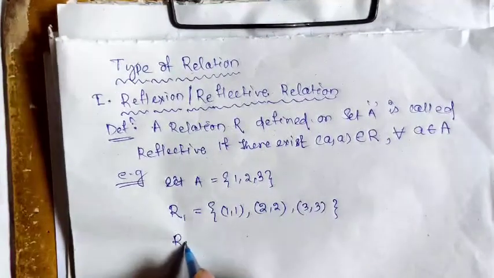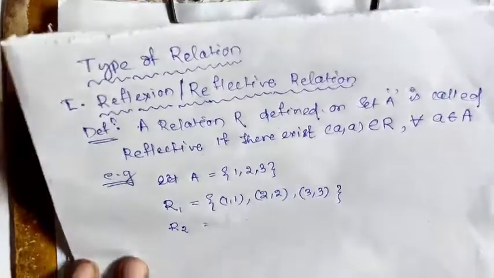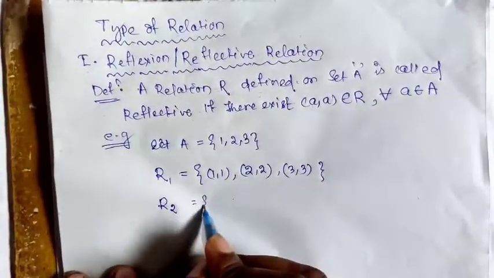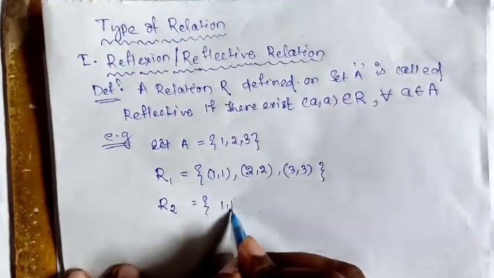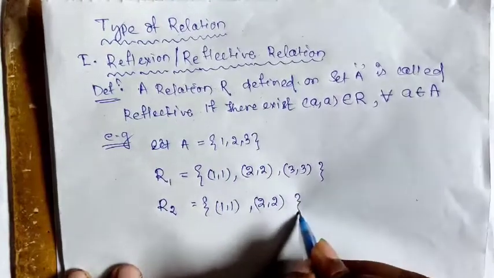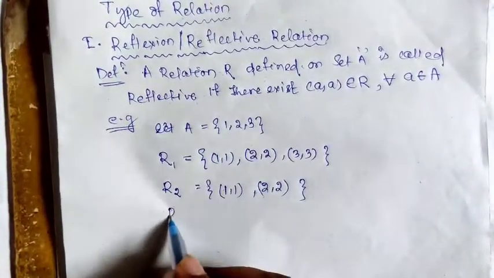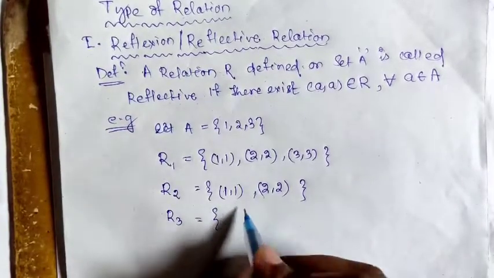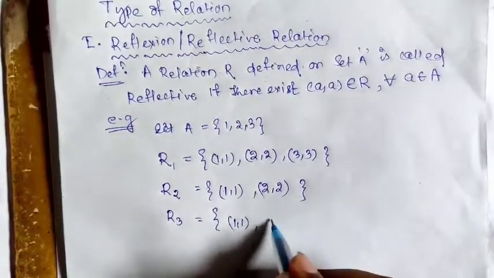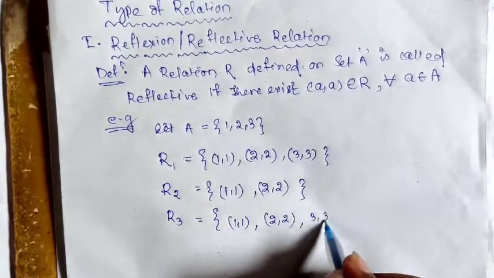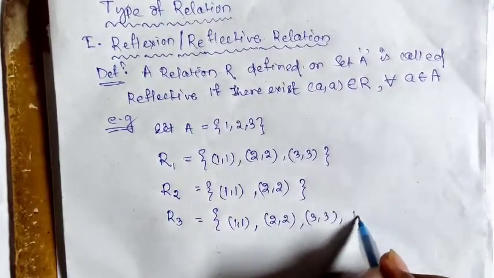Again, second relation R2 whose ordered pairs are (1,1) and (2,2). Again, a third relation R3 whose ordered pairs are (1,1), (2,2), (3,3) and (1,2).